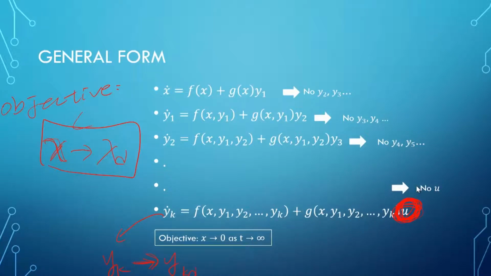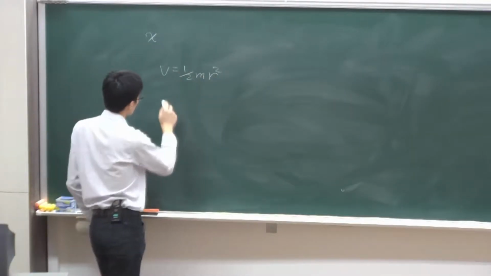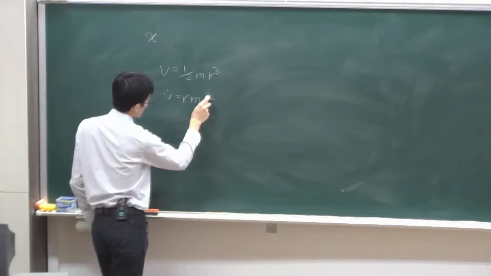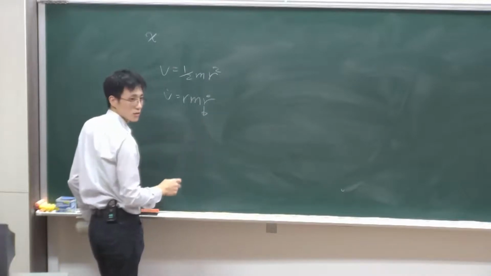Like in the previous adaptive case, right? You design V in the analysis, you put Y MR squared, and you take the time derivative, you get R MR dot. And this is the control access, right?